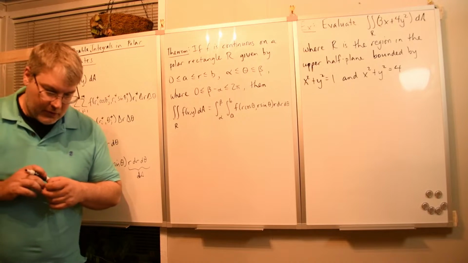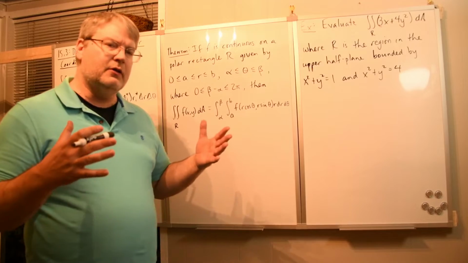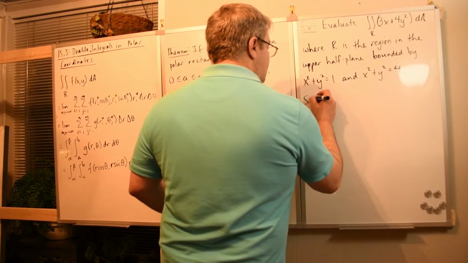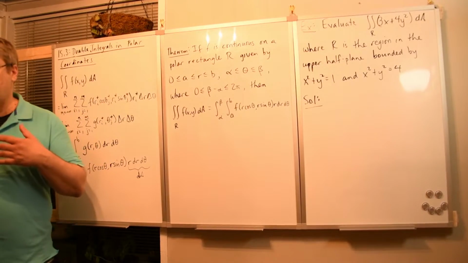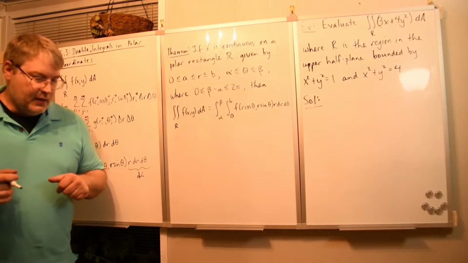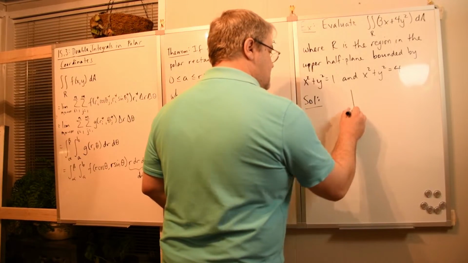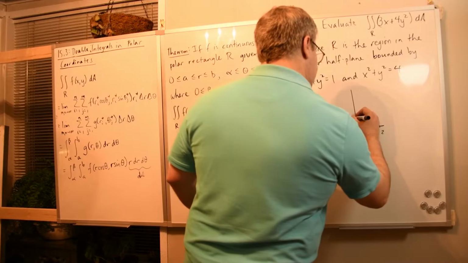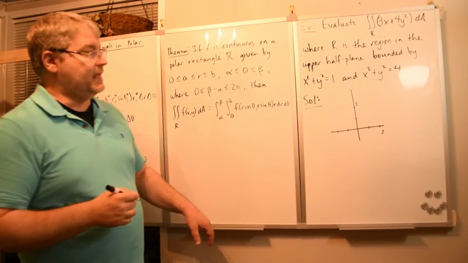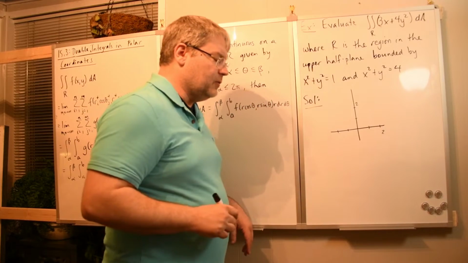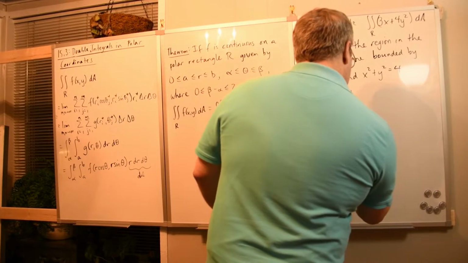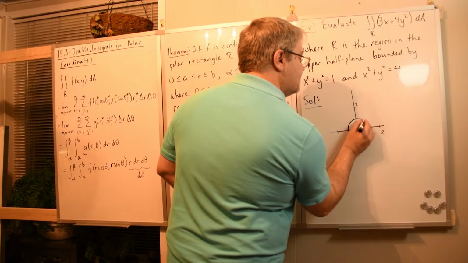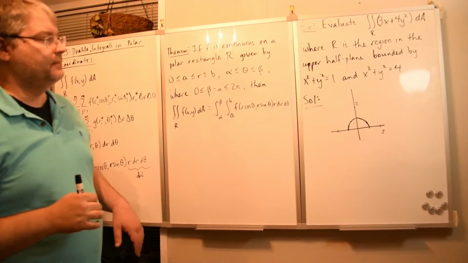And so what we're going to need to do is figure out, what does this region look like, and what are the bounds going to look like in terms of r and theta. So a good idea is to actually draw the region if you can. And so what you're going to have here is a picture that looks something like this. Once again, x squared plus y squared equals 1, circle of radius 1, center at the origin. But keep in mind that what we're actually interested in is just the upper half part of this.